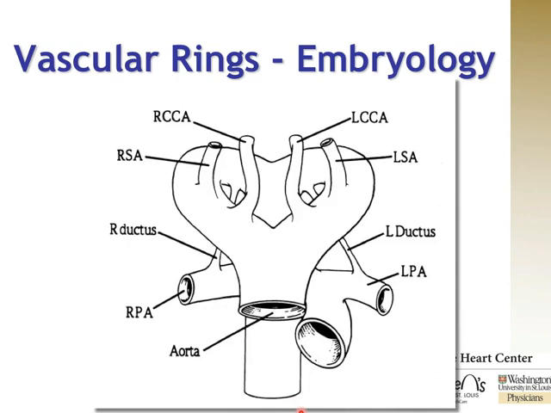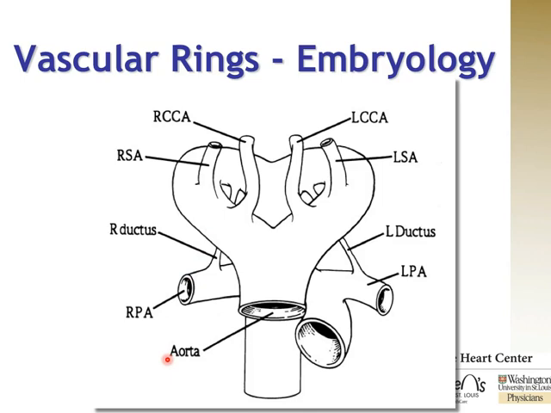A little more schematically represented, this is an image of what the early embryologic picture is. We have the aorta rising from the heart. There is a left arch and a right arch which come back together to form the descending aorta. And in most cases, there's a left ductus. Very rarely, and probably more commonly very early in embryology, there's a right-sided ductus.